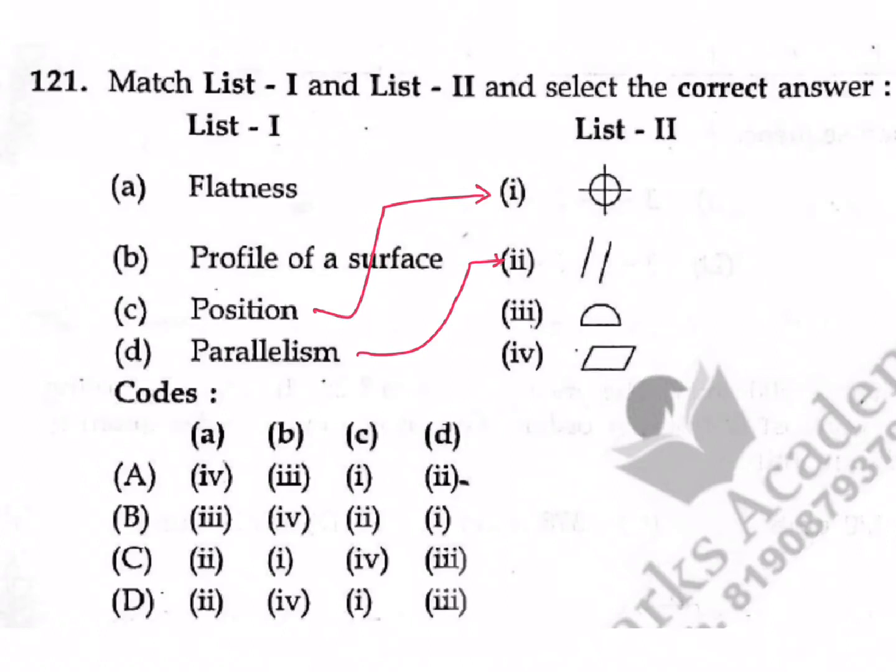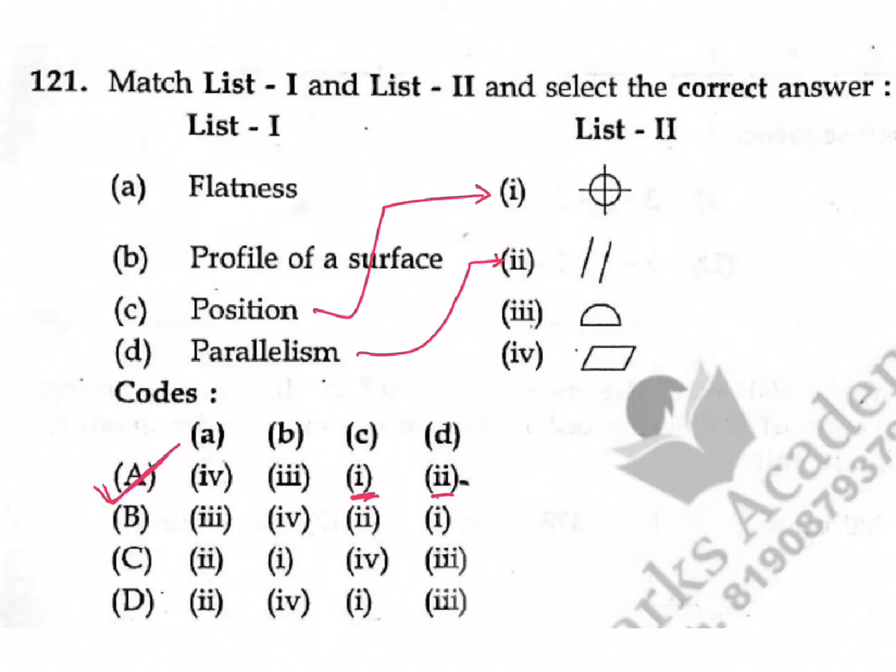I think in ISRO technical assistant, Vikram Sarabhai Space Center, last month paper, they asked this question. Position, then D, parallelism, double I. A is your correct answer.